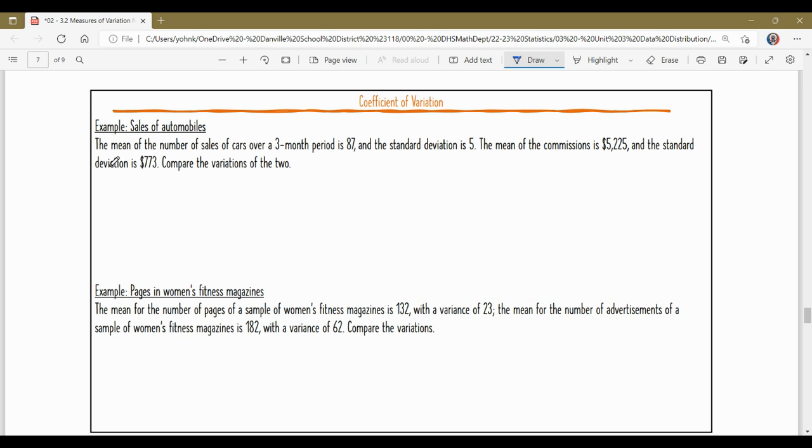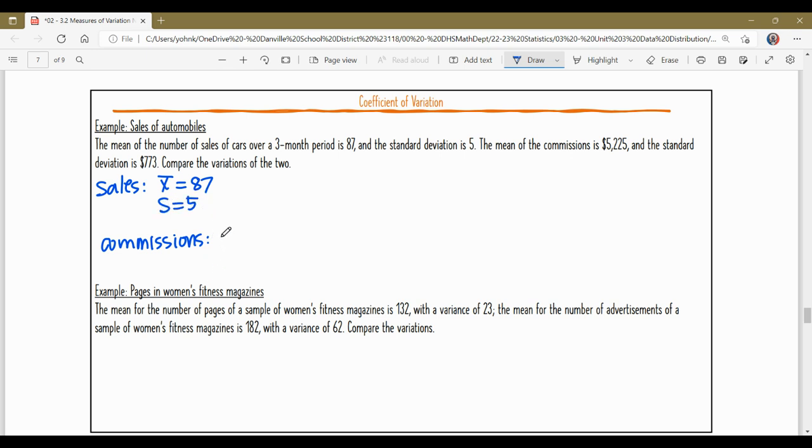So the mean of the number of sales of cars over a 3 month period is 87, and the standard deviation is 5. The mean of the commissions is 5,225, and the standard deviation is 773. Compare the variations of the two. Okay, for sales, we have a mean number of cars of 87 and a standard deviation of 5.